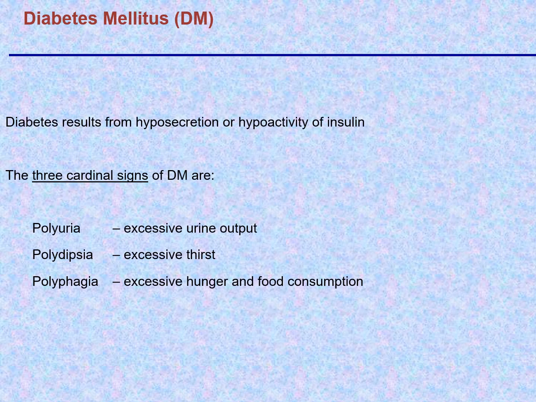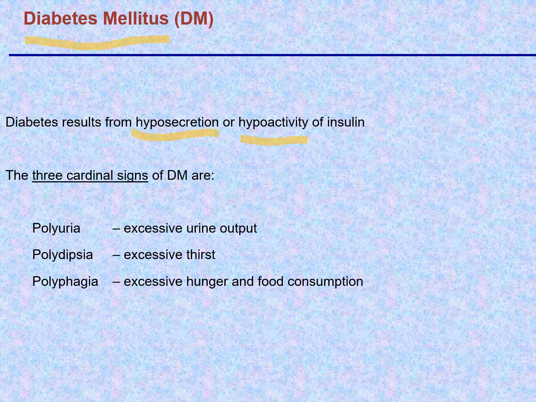Okay, there is a disease called diabetes. It's actually diabetes mellitus, which is unfortunately fairly common in Western society, particularly. It is a result of insufficient insulin or too low activity of the insulin because there aren't enough receptors for insulin.